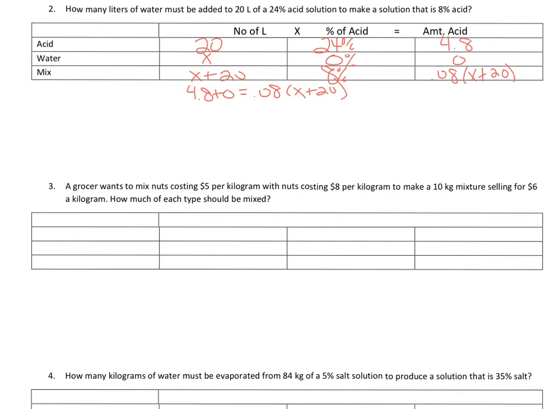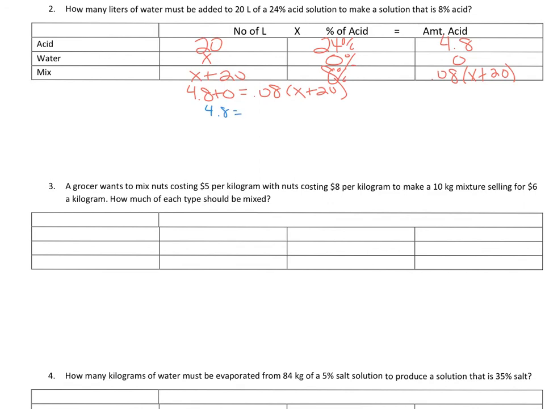Once you have your equation, then we're going to go about solving it. One thing you can keep in mind, if you really don't like working with decimals, we can get rid of those, right? You can multiply both sides by 100 and move all the decimals. So that's kind of handy if you don't have a calculator. But since you guys are using calculators, it's probably okay to work with the decimals.